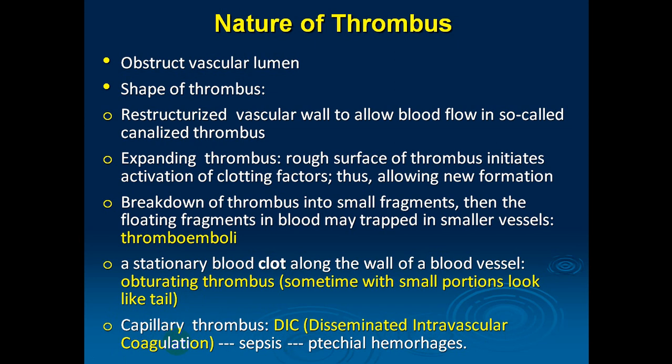Therefore, the thrombus will be disseminated, distributed in many parts. And usually this DIC will also cause hemorrhages. Because if the DIC is severe, it cannot cover all parts of damaged endothelial cells, and some of the damaged areas will let erythrocytes escape and cause hemorrhages.